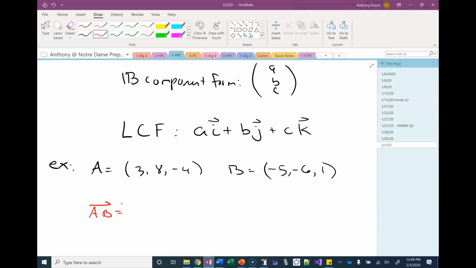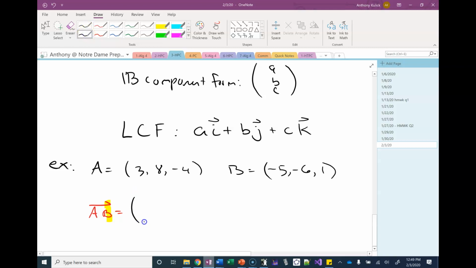So how did we do a problem like this in 2 dimensions? Yeah, we used the head minus tail method, right? So which of these 2 points, A or B, is the terminal point for my vector? B, right? How did I know it was B? Yeah, it's the one that the arrowhead is over.